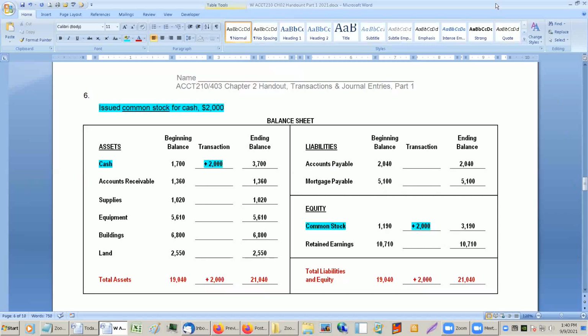Professor, I have a question about the sixth one. For example, if one person bought all those $2,000 worth of common stock, and in the next year they went up, for example, 200, and he decides to cash them in, would it make a disbalance in the balance sheet?